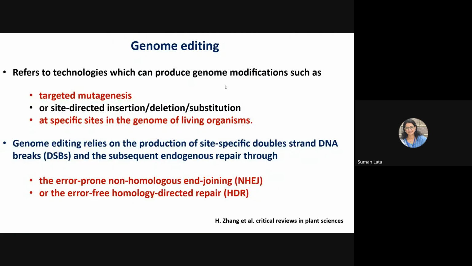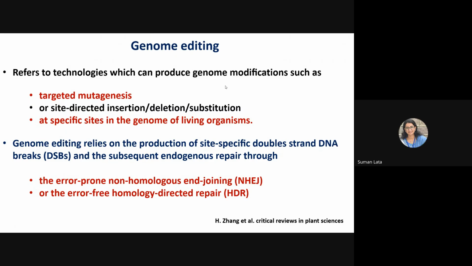So the whole genome editing relies on one principle, and that is the production of a double-stranded DNA break. That is created at a specific site, and after the creation of the double-stranded break, it is repaired. So there are two repair mechanisms. One we call NHEJ, and the other is HDR.